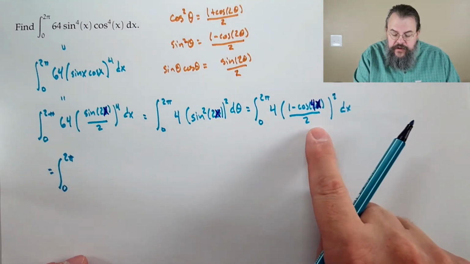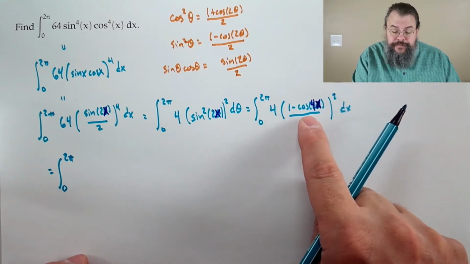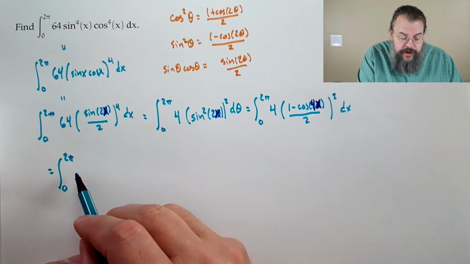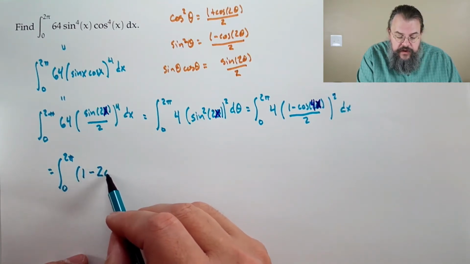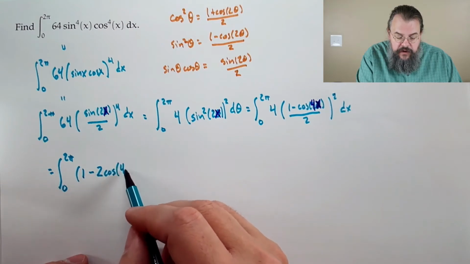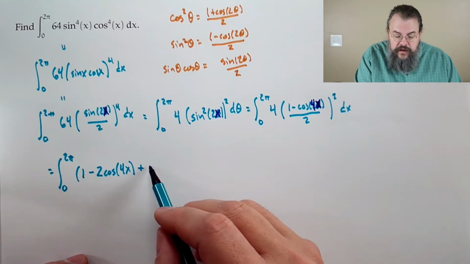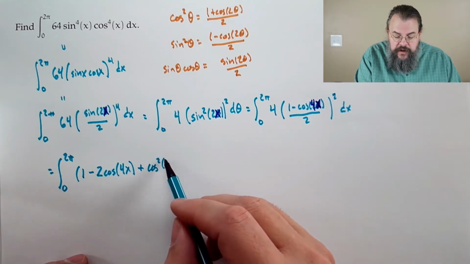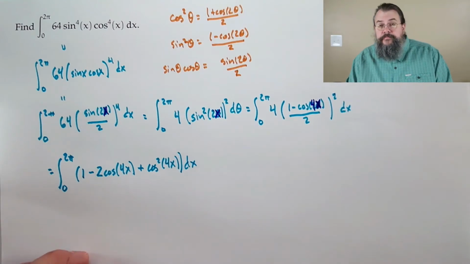So the 4 and the 2 squared cancel. So now we got to square that term. So if we square that, that would be 1 minus 2 cosine 4x, plus cosine squared of 4x dx.